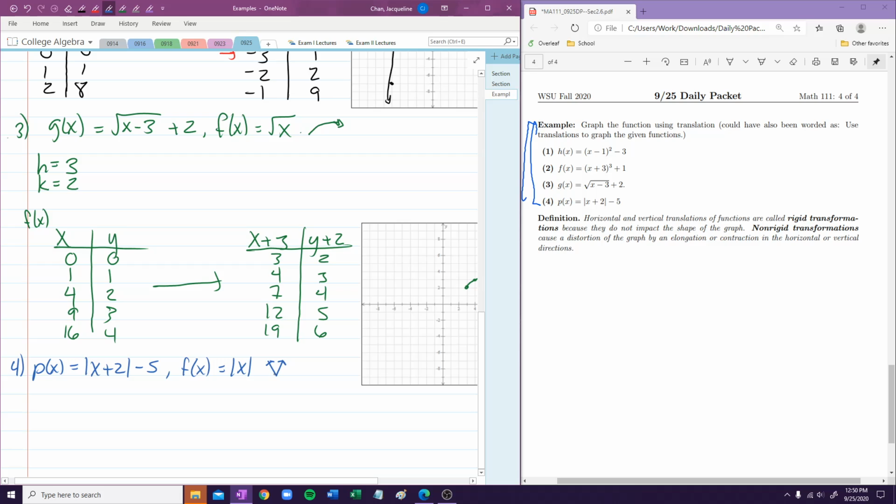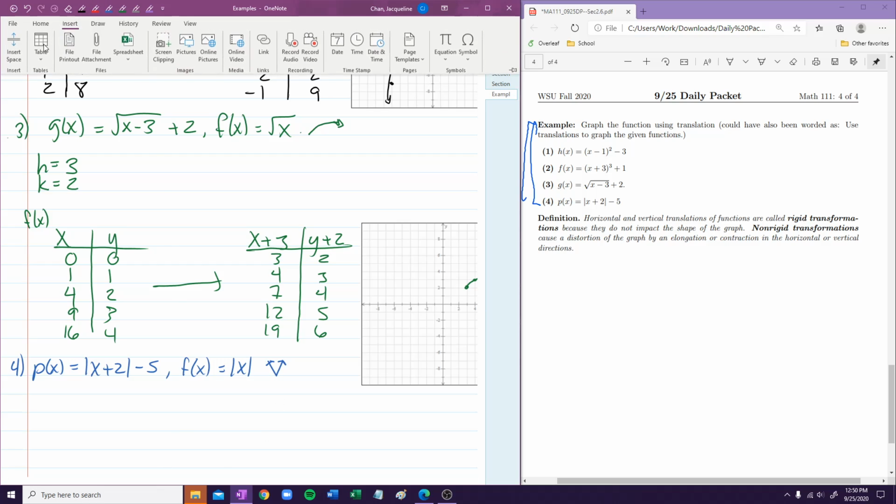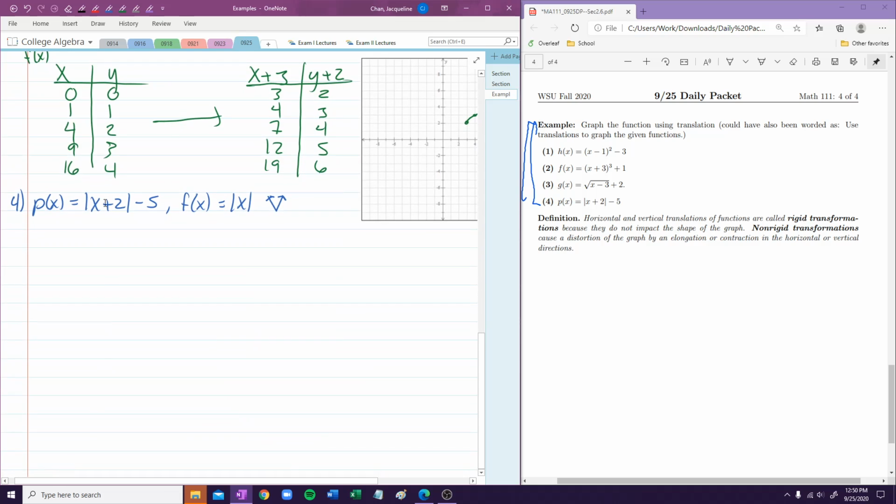Remember, a v, very clear that there is a point at the bottom. Okay. So again, for f of x, what is the table? Or okay, before I do that, let's talk about h and k. H, okay, remember all the stuff inside. So this is going to be negative 2, and then k, it is negative 5.